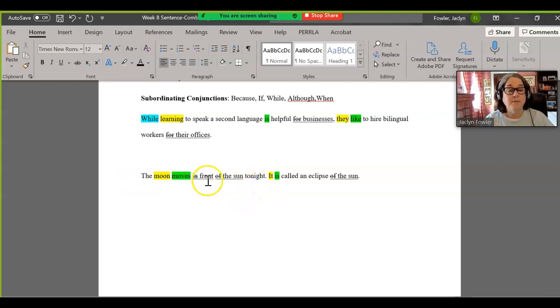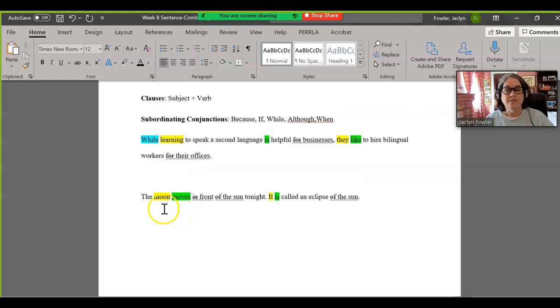In the second one, we know that these are both independent clauses. They're both complete sentences. They can stand by themselves. But when we add a subordinating conjunction to the beginning, so if is a subordinating conjunction, and this is not a proper noun, it's not I, so it gets a small t. Now, when we look at this, this is a dependent clause. In other words, it can't stand by itself.